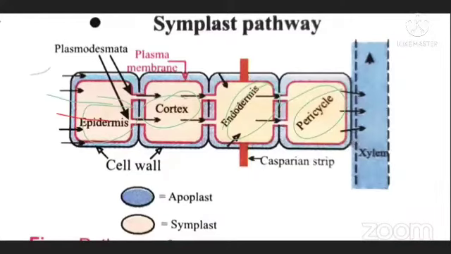Finally, xylem is present. Water enters the epidermal cells, then the cortex, then the endodermis, and from the endodermis to the pericycle. Finally it reaches the xylem. This pathway is known as the symplastic pathway.